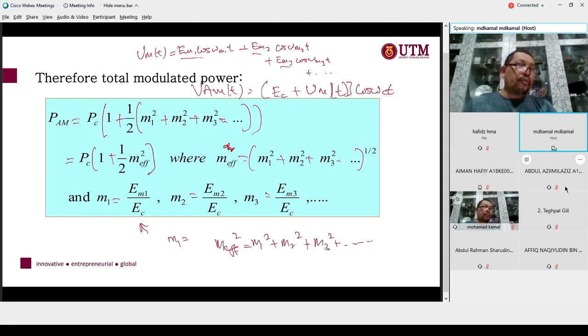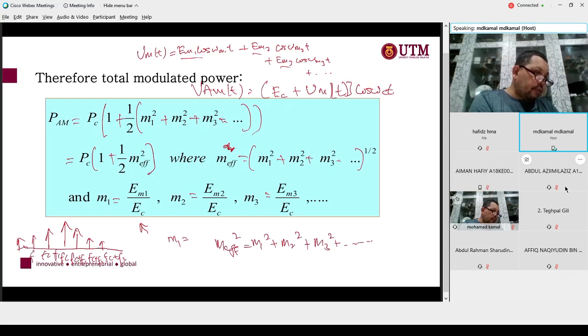If you draw the spectrum of this signal, of course we have the carrier frequency FC, then FC plus F1, FC plus F2, FC plus F3, and the same thing on the other side: FC minus F1, FC minus F2, FC minus F3. This is the spectrum of the complex signal.